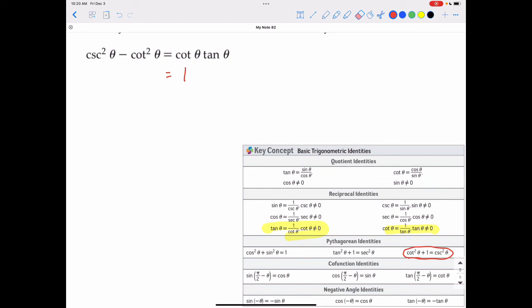So that would be cotangent squared theta plus 1. So cosecant squared theta has been replaced with cotangent squared theta plus 1. Minus, here's the cotangent squared theta, and notice that I have a positive cotangent squared theta and a negative cotangent squared theta. They cancel each other out, leaving me with just 1 equals 1, which means I have just verified that identity.